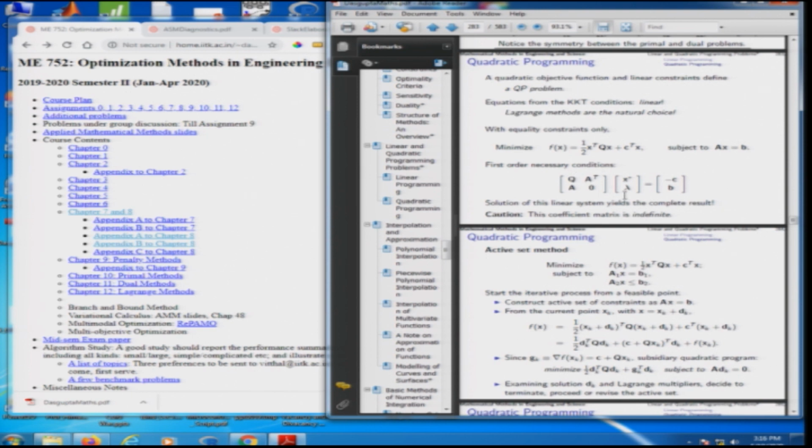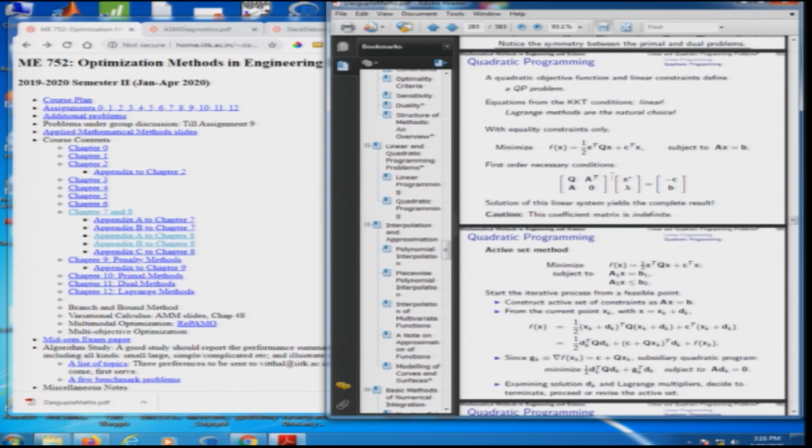So, this is the first block equation. Okay. So, Qx plus A transpose lambda equal to minus c, and the second block is simply Ax minus b equal to 0, right. So, Ax plus 0 into lambda equal to b, Ax equal to b or Ax minus b equal to 0, whatever way.